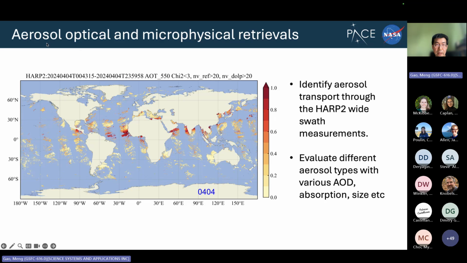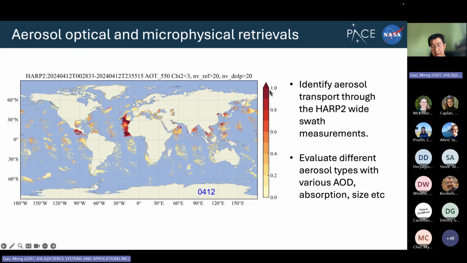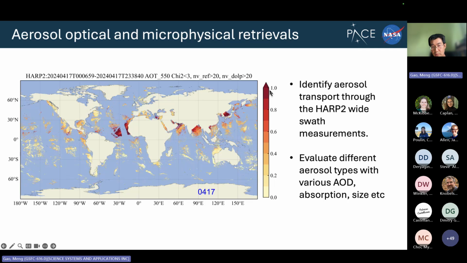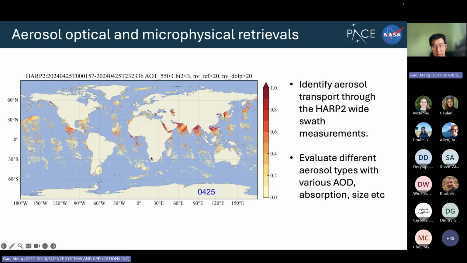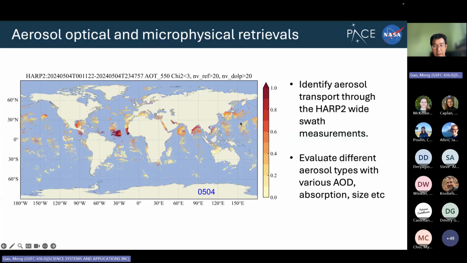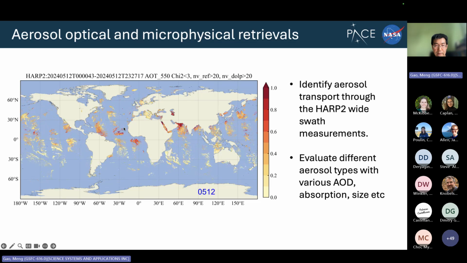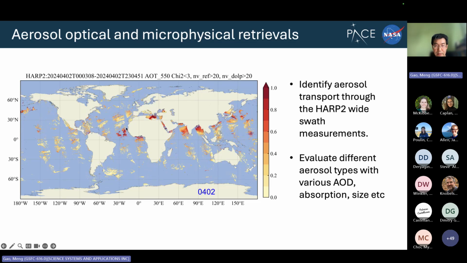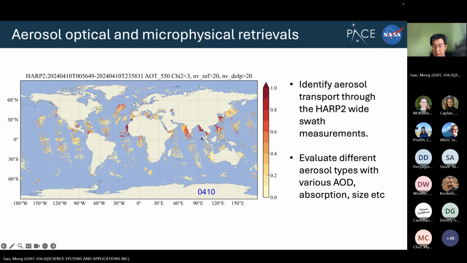Okay, let me show you some animation. This is what we have after 1 month of PACE, 2 months after the PACE launch. This is April 2024. We processed the whole month. You can see how the aerosol propagates globally. Because HARP2 has really nice coverage, you can see really nice global maps showing aerosol transport.